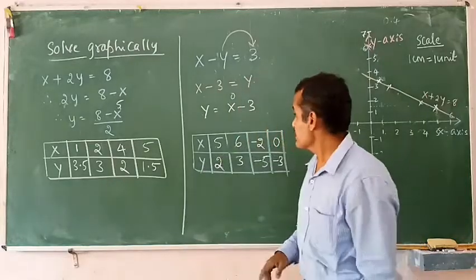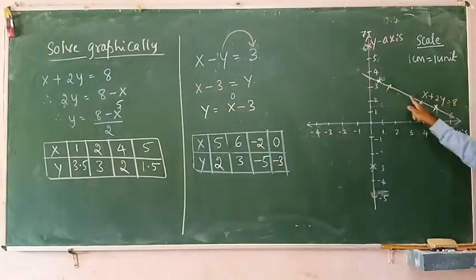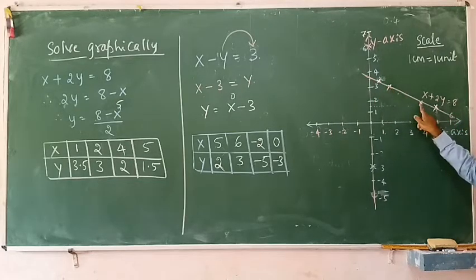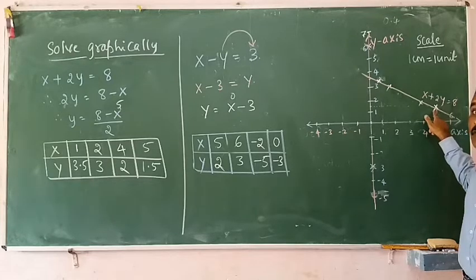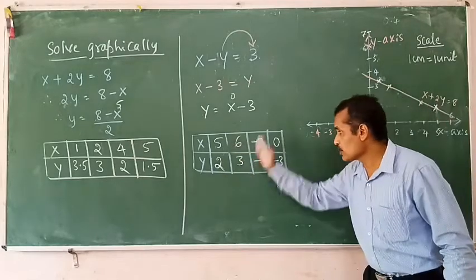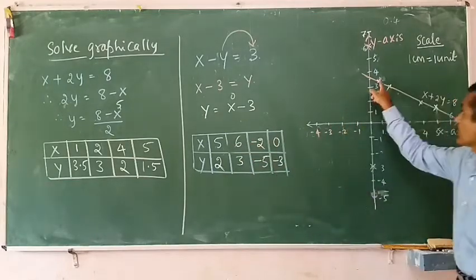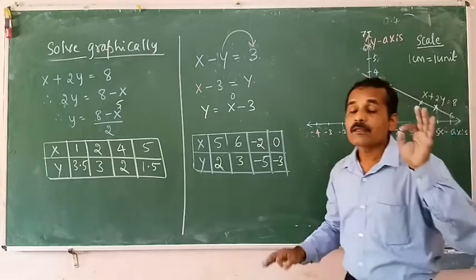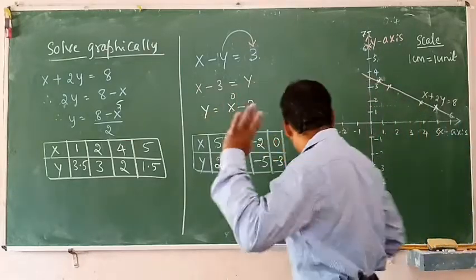Now listen to me, students. I have drawn a straight line and I marked some points here. They are called the solutions of the equation. Whatever point on the straight line I mark here is also a solution of the equation.